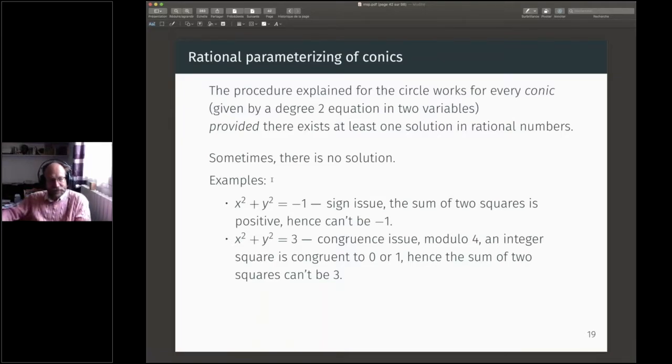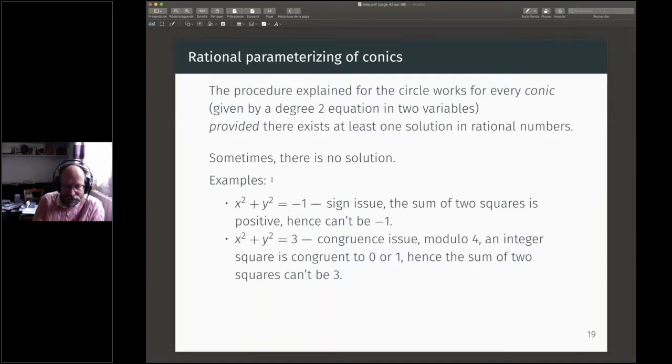Now I have to make a slightly more elaborate argument if I want rational numbers instead of integers, but basically it's the same argument. And so on this circle, there is a congruence issue, and I can't find any solution in rational numbers, and so that's it.